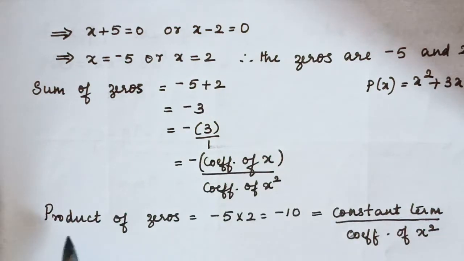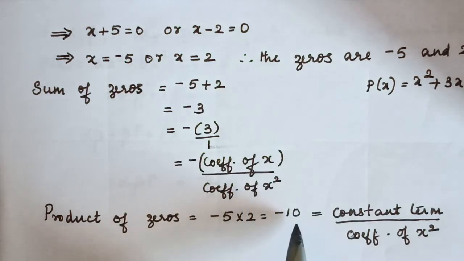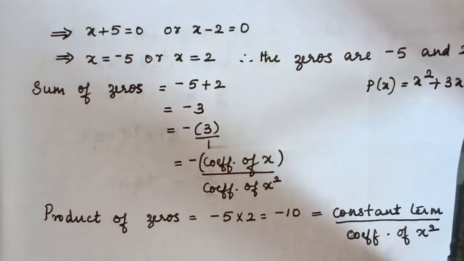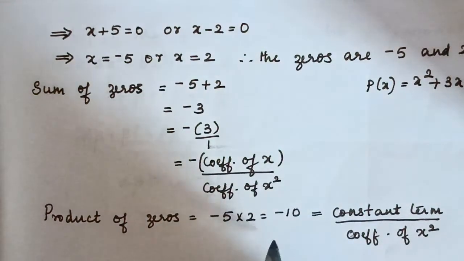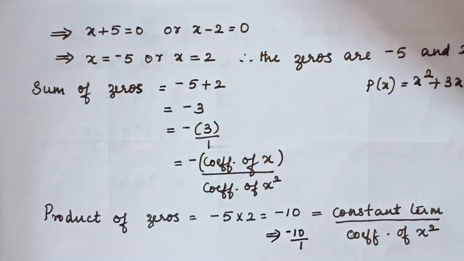Now we will check the product of zeros. Product of zeros is minus 5 into 2, which is equal to minus 10. Now see what is minus 10 in the polynomial, that is the constant term. So this minus 10 we can write as minus 10 divided by 1.